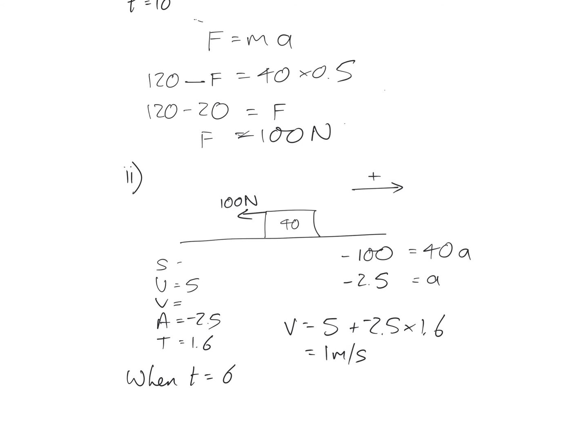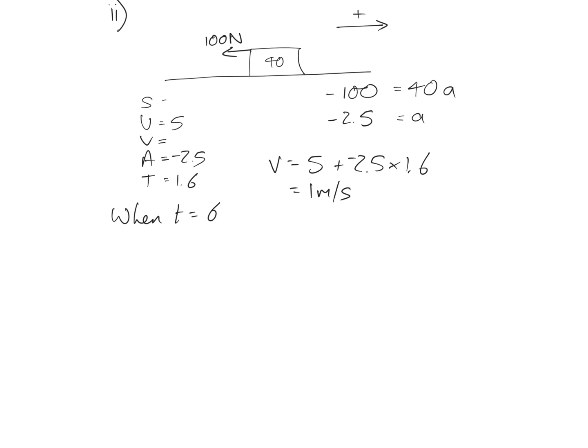So when T equals 6, we do the same thing, and we get the velocity equals 5 plus minus 2.5 times 6 equals, I can probably do that in my head, minus 10 meters per second.